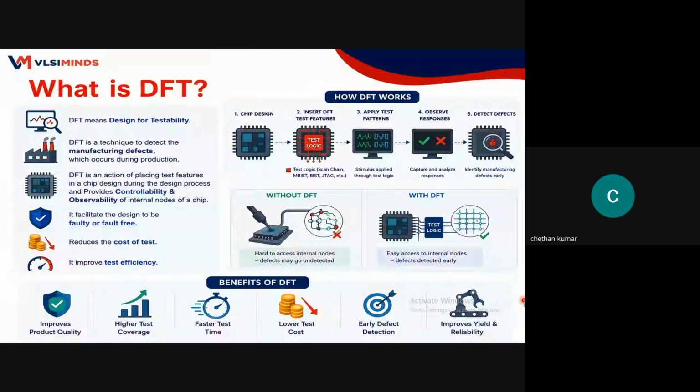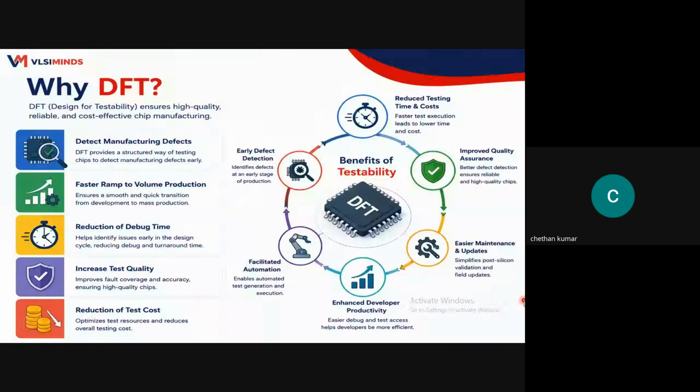Okay. So this is just an introduction to DFT. So let us see why we need a DFT. As I mentioned, there are many reasons. First, it detects the manufacturing defects. It provides a structured way of testing the chips, not like giving an input, taking the output and then verifying, which we can do only for a very small design. But when we have complex designs with millions of transistors, that option is not possible to do manually.